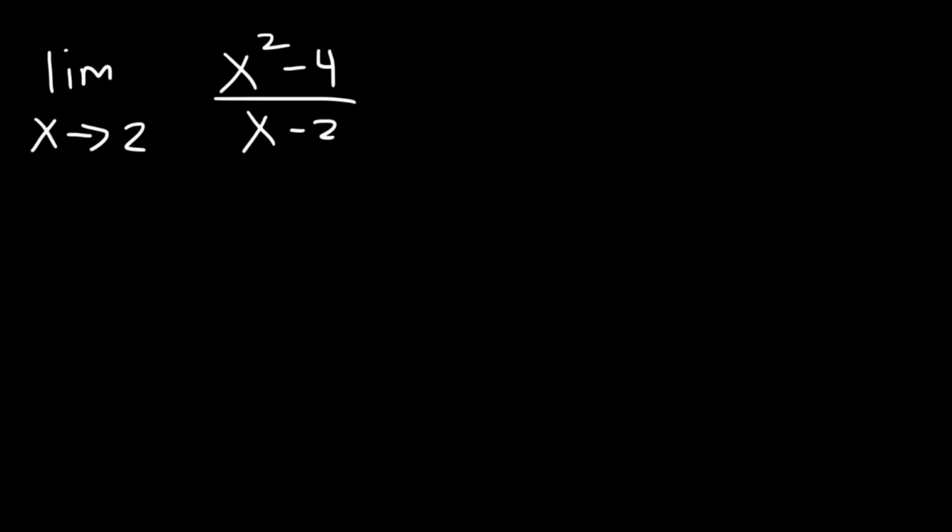Now sometimes you could find a limit by plugging in a value that's close to 2. And that's what you want to do. You want to plug in a number that's close to 2 but not exactly 2. So for example, let's call this f of x.